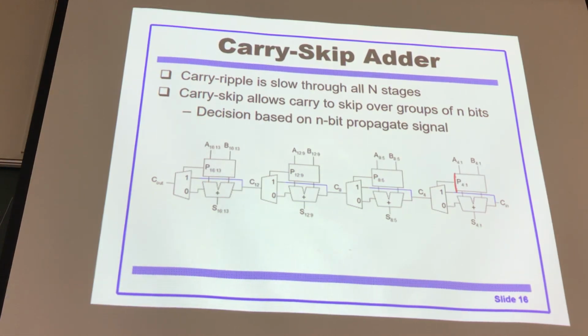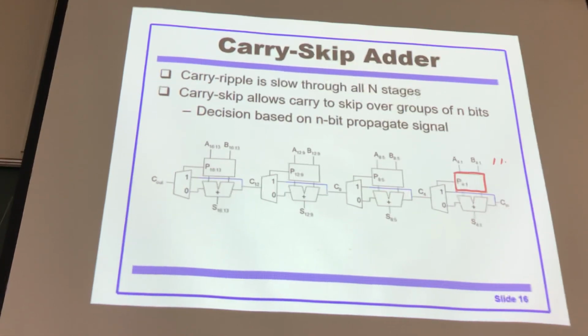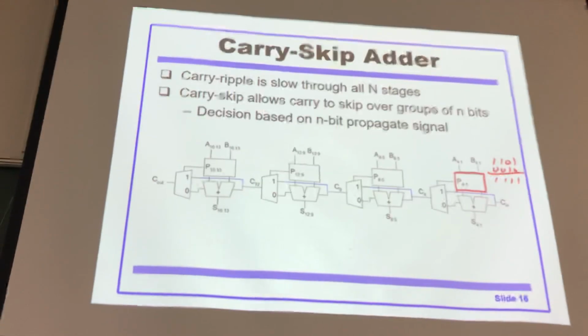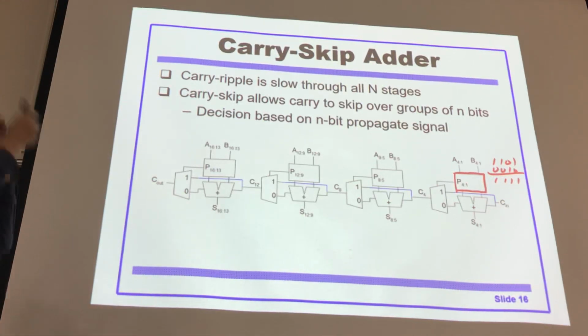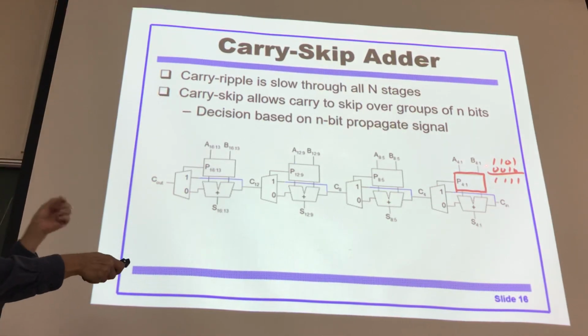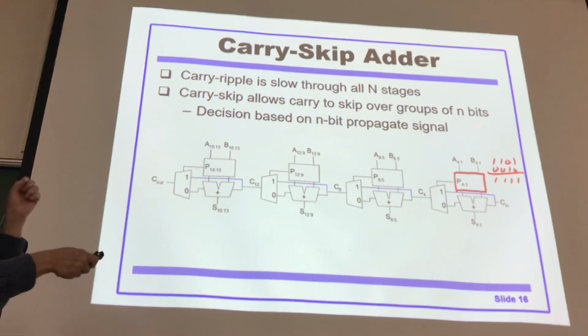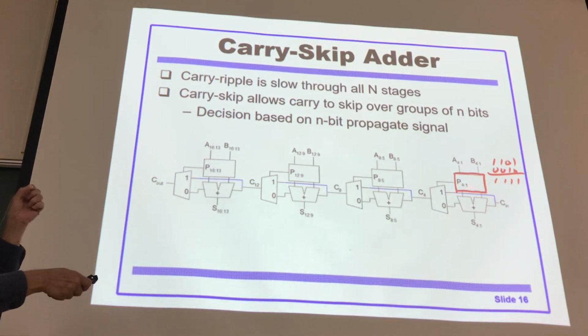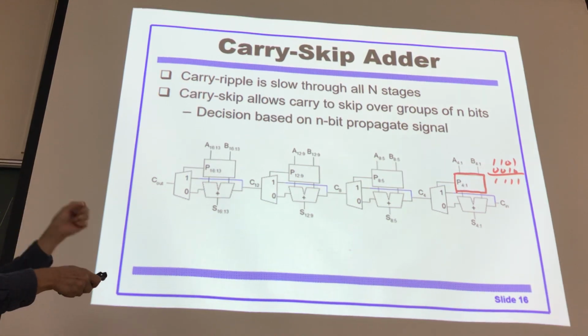P4 to 1. It must be something like this: 1, 1, 0, 1, 0, 0, 1, 0. It must be 1, 1, 1, 1. Any kind of combination, but A plus B, you get 1, 1, 1, 1. Then you have carry propagate for the 4-bit group.